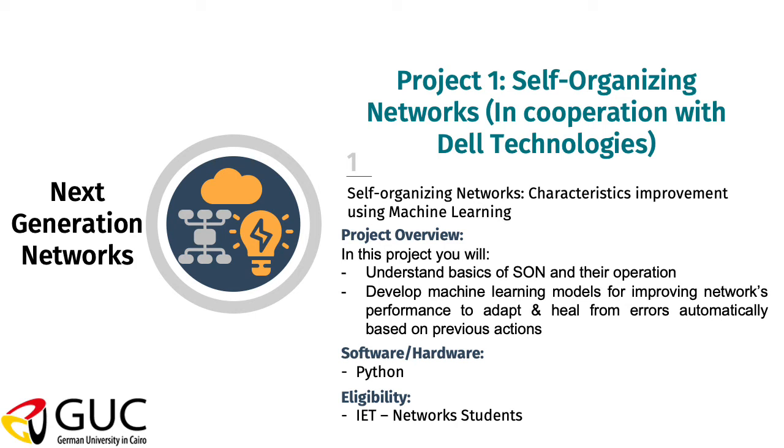Until you start with the project, if you're interested in it, let me give you a short overview. As the name states, self-organizing networks are networks that are able to organize themselves without any intervention, configuration or troubleshooting from your side. The network is able to configure itself, detect errors, and solve errors all by itself.